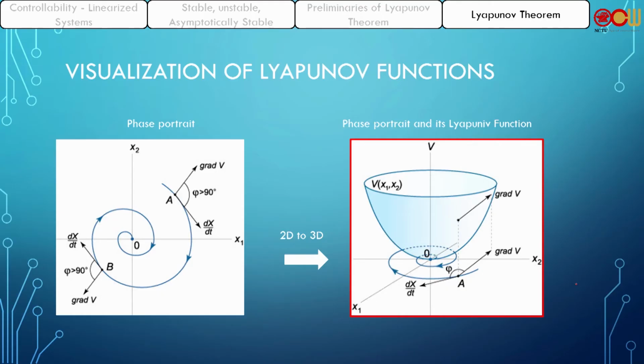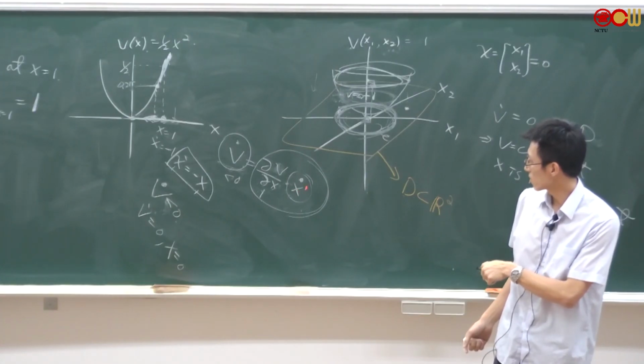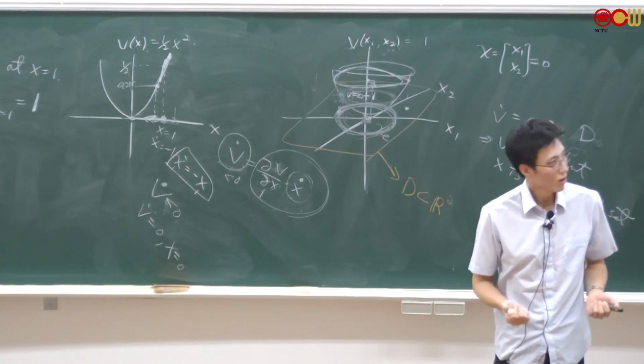So given such a function, the gradient points outwards. And if you want your V to decrease, the vector of the dynamics has to be in the opposite direction of your gradient.